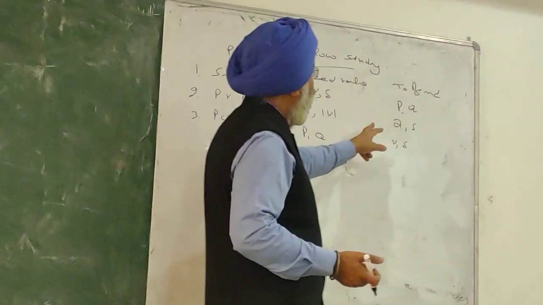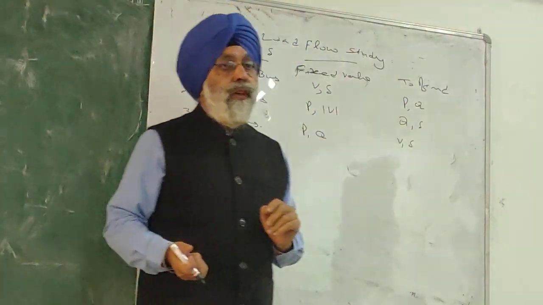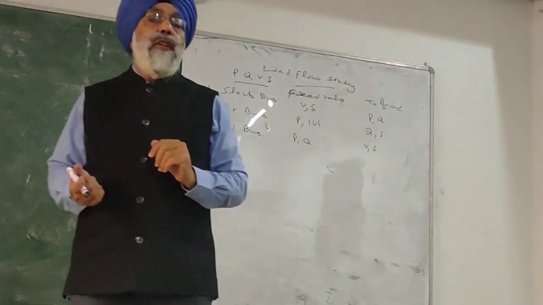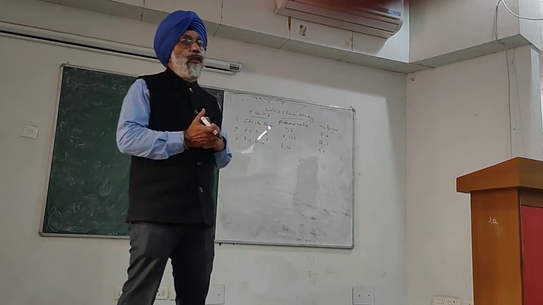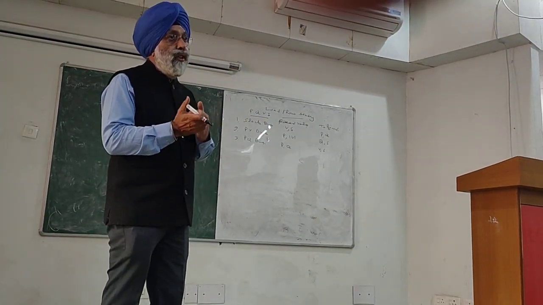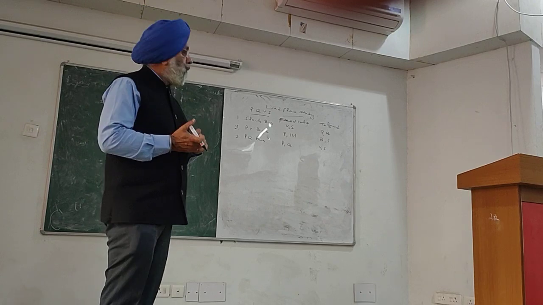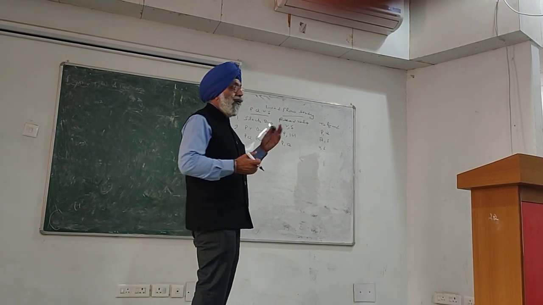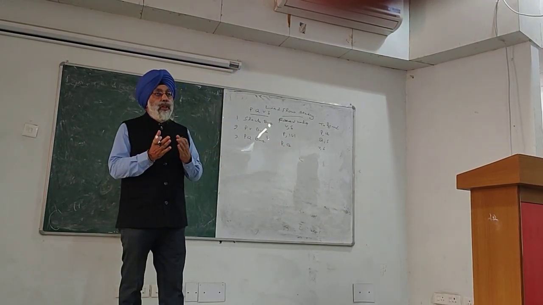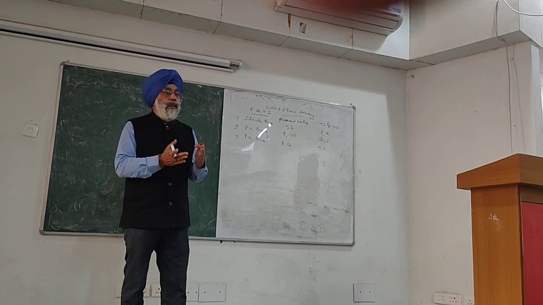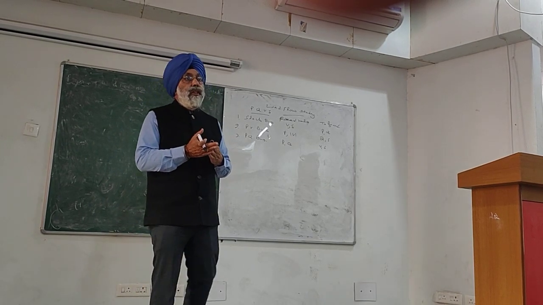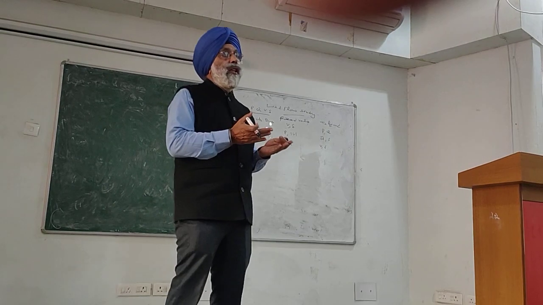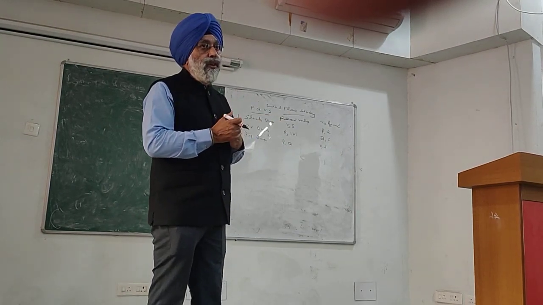So how can we find these variable values? In order to find these variable values, we need some simultaneous equations. For that purpose, if we are using the Gauss-Seidel method, we need the voltage equation, real power equation, and reactive power equation. In case of the Newton-Raphson method, we need the real and reactive power equations.